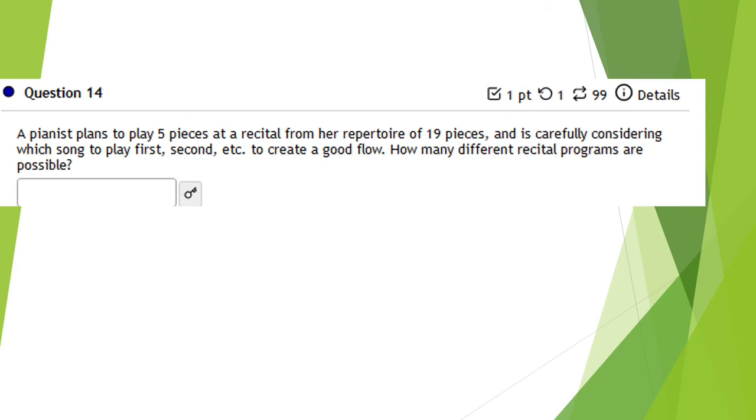Question number 14. A pianist plans to play 5 pieces at a recital from her repertoire of 19 pieces and is carefully considering which song to play first, second, etc. to create a good flow. How many different recital programs are possible? We have 19 options to choose from, and we're going to pick only 5.